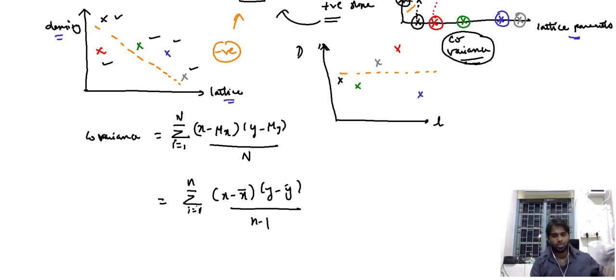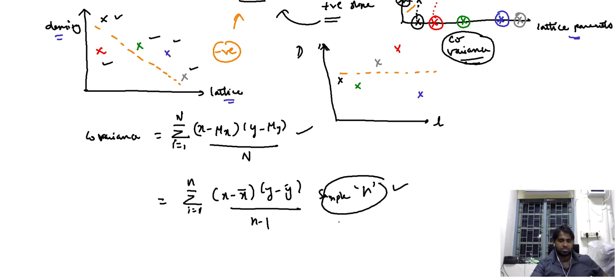So the covariance for the population is expressed in this manner. The covariance for a sample of size much smaller than the entire population n is expressed in this manner. So these are the two expressions that help us quantify the covariance.